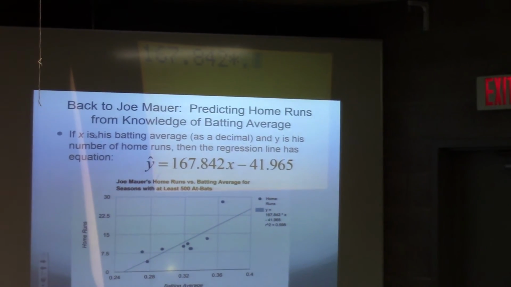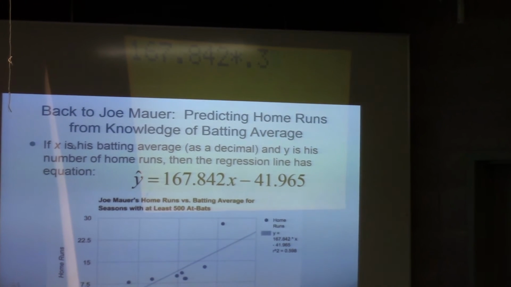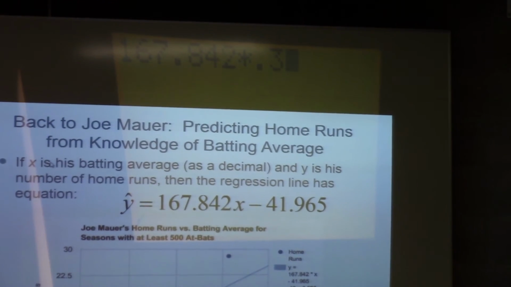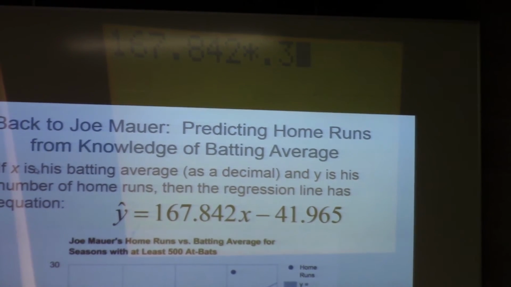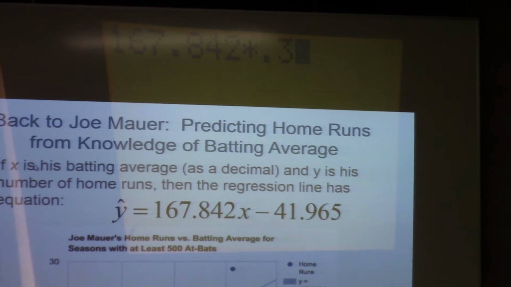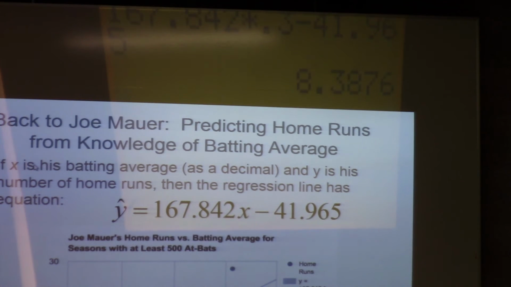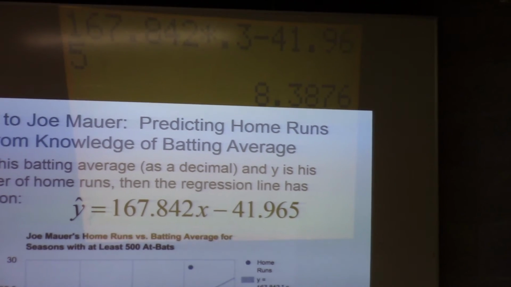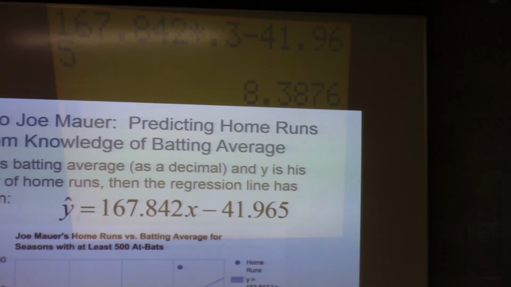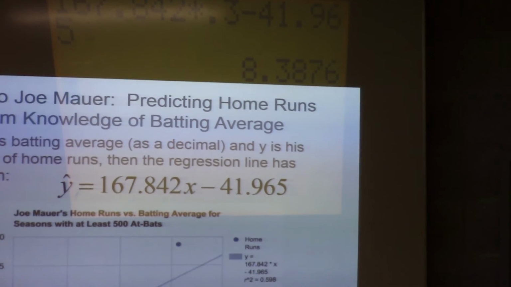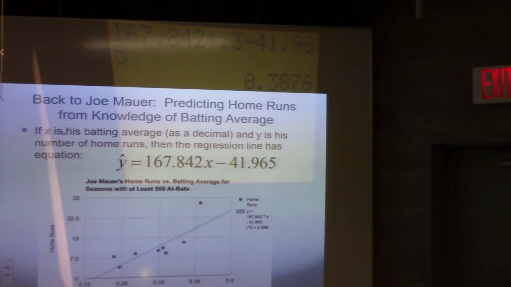If his batting average is 0.3 next season, 300 is what that means, getting a hit on 3 out of every 10 official at-bats, how many home runs could you expect? I said to expect about 8. Let's see if the formula confirms that. Yes, 8.4. So actually, if his batting average is 300, you'd be happy if he got 10 or more. But maybe you're hoping he can get 15 or more.